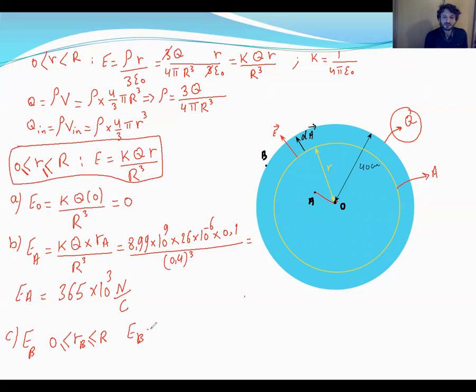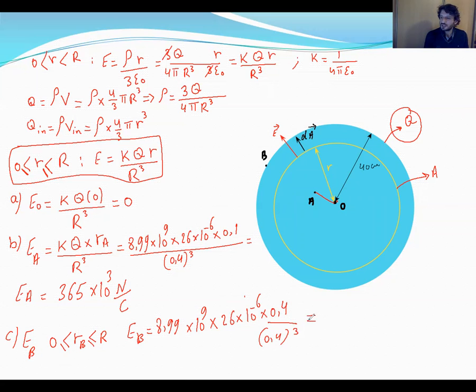EB equals K Q divided by RB, with RB equal 0.4, divided by 0.4 cubed.